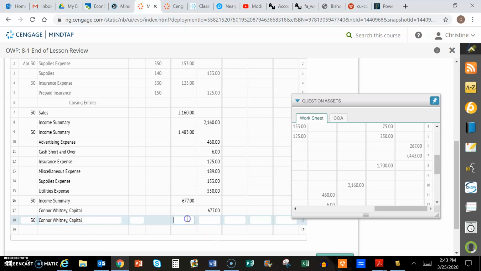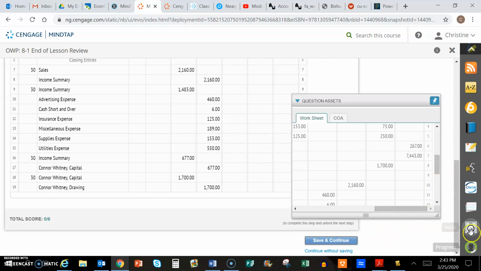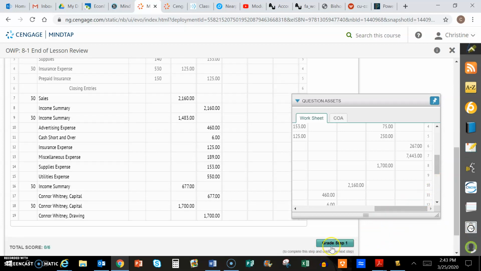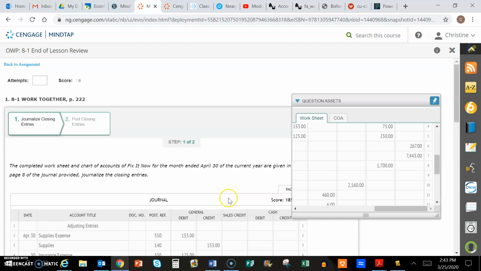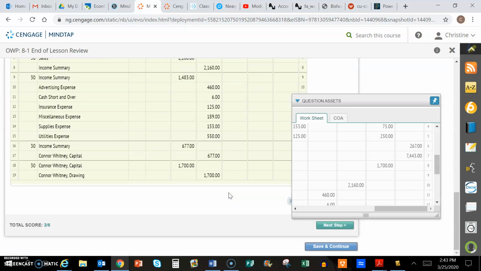I'm going to debit capital for 1700, and I'm going to credit the drawing for 1700. So now when you post all of these items into the ledger, that debit of 1700 and this credit of 1700 would make that account balance 0. So I'm going to go ahead and save that, and then I'm ready for the next step.